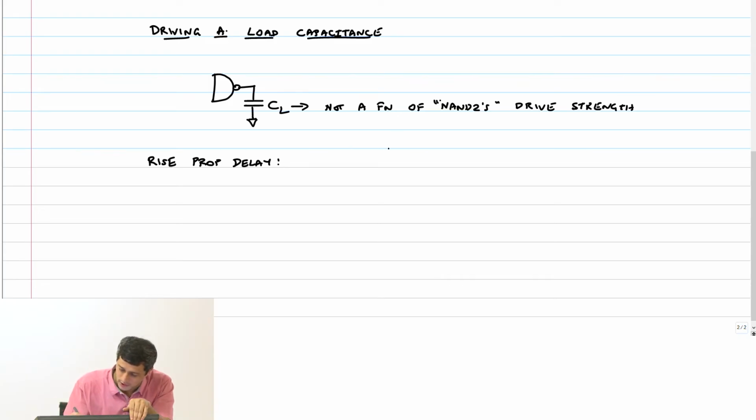So what's the equivalent circuit? I have R, right, from the PMOS of the NAND. Then I have its parasitic capacitance.